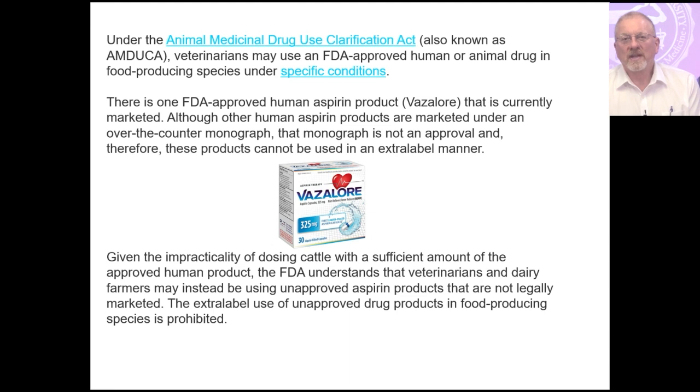There is one FDA-approved human aspirin product, but that is one that would not be practical to use in cattle or food animals. The rest of them are marketed under an OTC monograph, which we'll talk about in a minute. They also talk about the impracticality of dosing cattle with a sufficient amount of the approved human product.